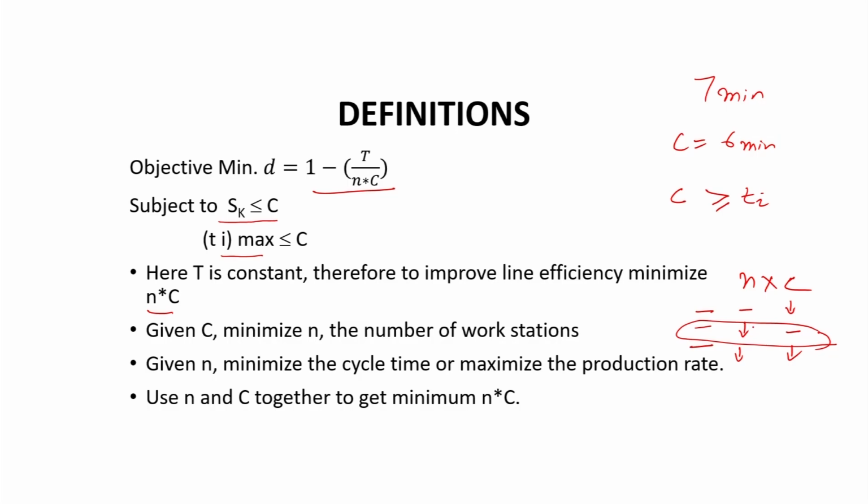But later on, once we have done that, we can further look at reducing the cycle time for the same number of workstations. We will see that with the help of the same example. So, our total objective here is how to reduce the number of workstations to achieve a particular production rate.